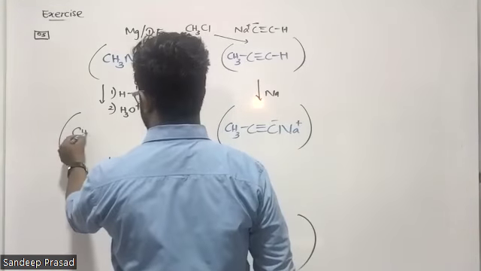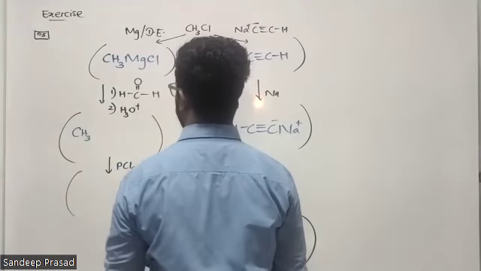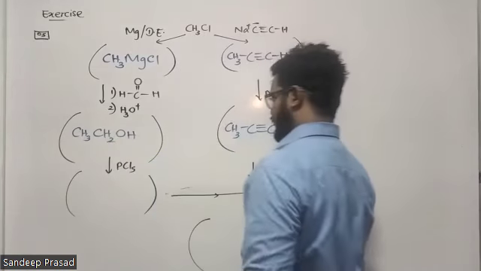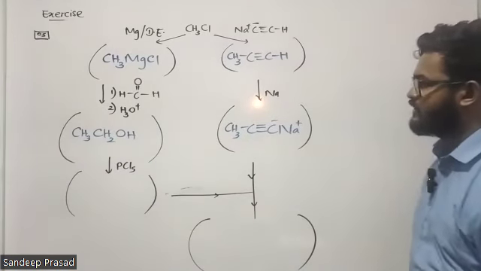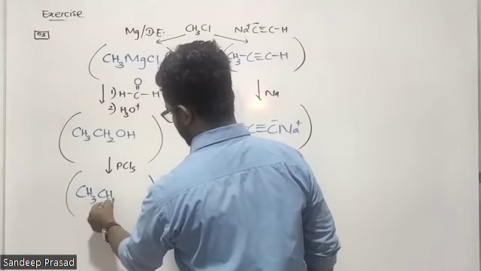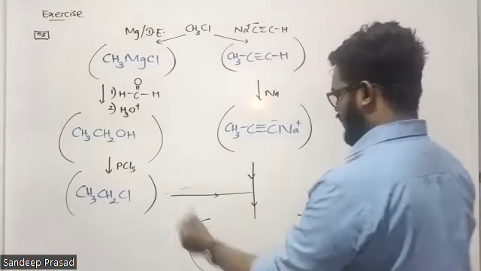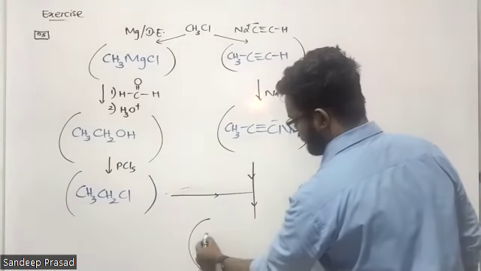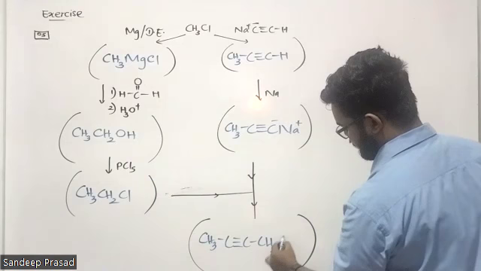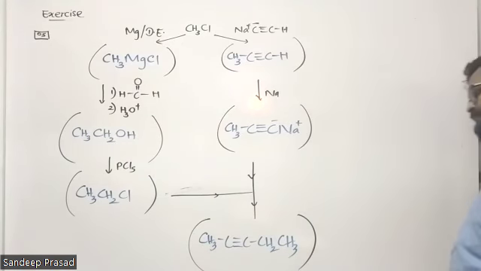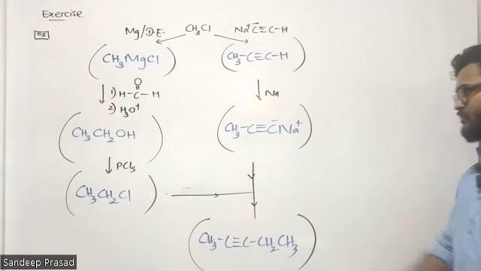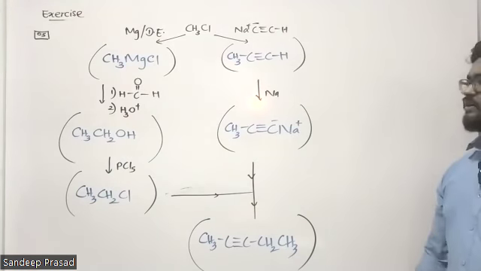And here we can say CH3CH2OH, ethanol is produced, PCl5, CH3CH2Cl, and these two react to increase the carbon atoms. That's all. So likewise, these reactions continue in a chain.